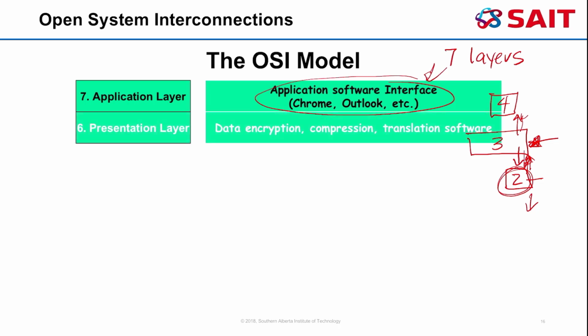So layer 6 is the presentation layer. Oh, sorry, just to back up, what does layer 7 do? It's the direct interface with, I guess you could say, the workstation. So what are some applications that need to address layer 7 as a means of accessing the internet?